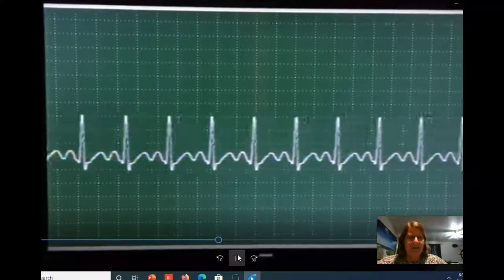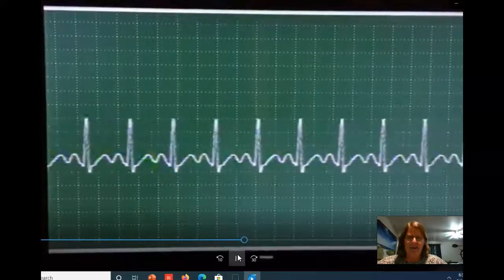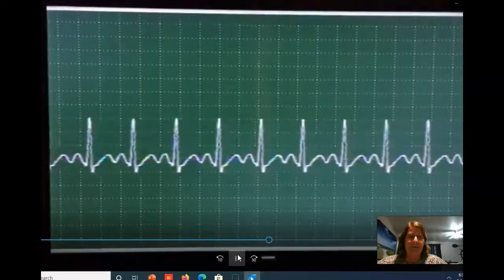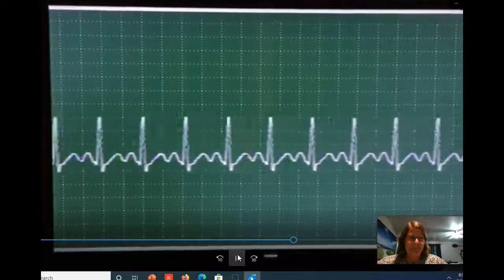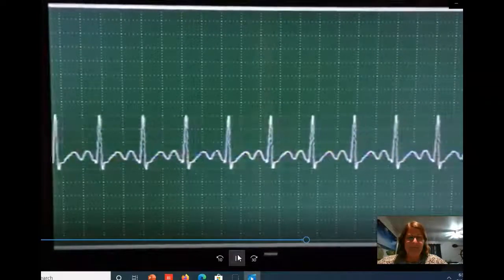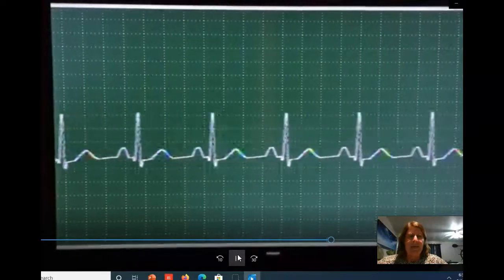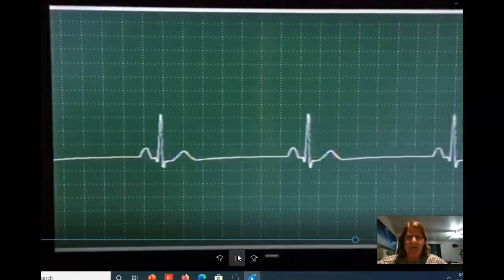Here our rate is speeding up, but I can still see that sinus P wave with it and a normal size QRS. So here I would have a sinus tachycardia. And now I have one that looks like a normal rate, but then it looks like it's slowing down.